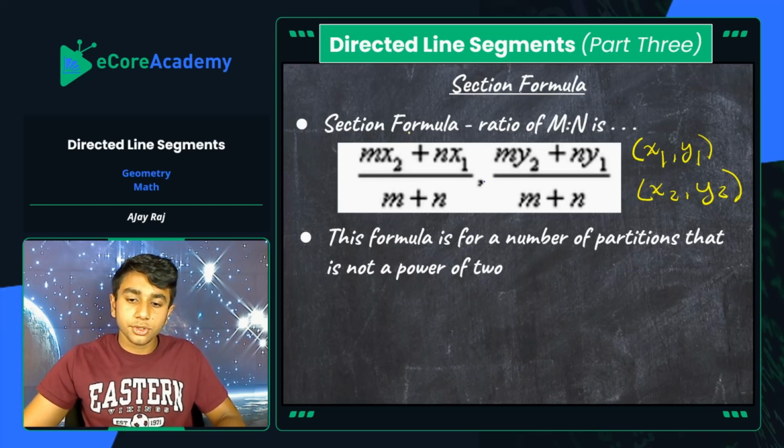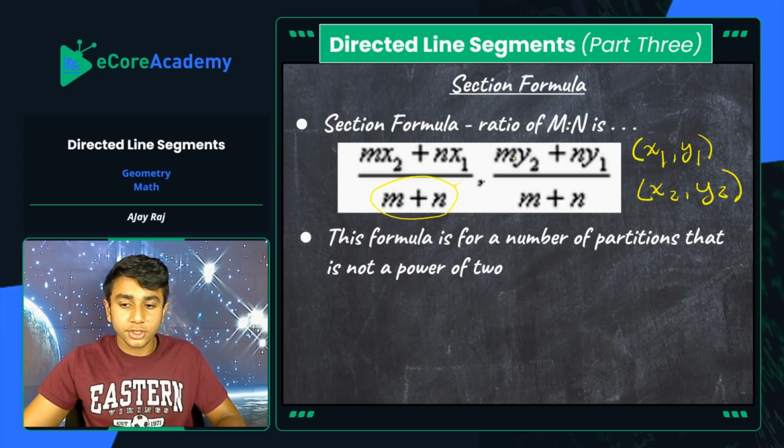And then basically what you're doing is you're taking each one of your ratio values and multiplying it to each coordinate here. So m is being multiplied to x here, as n is being multiplied to the other x coordinate, and then you're dividing it by the sum of the two ratio values here. So it's very simple here.